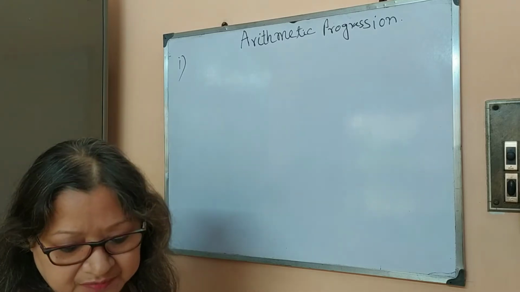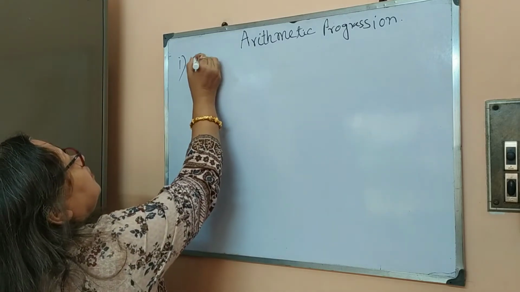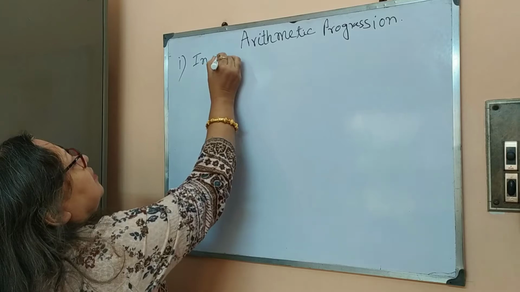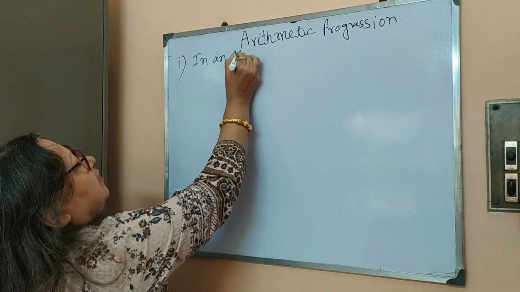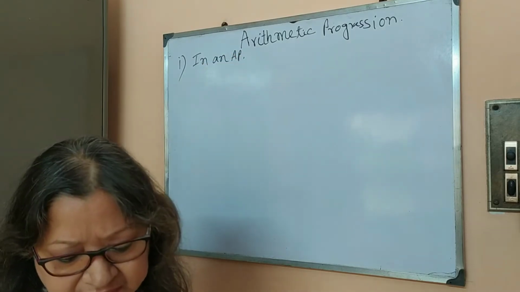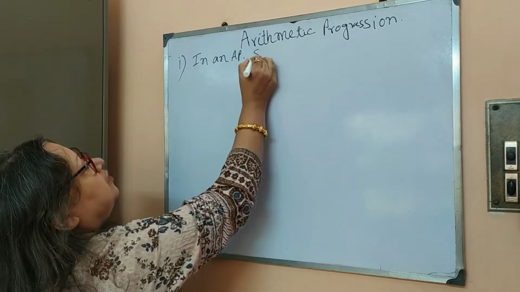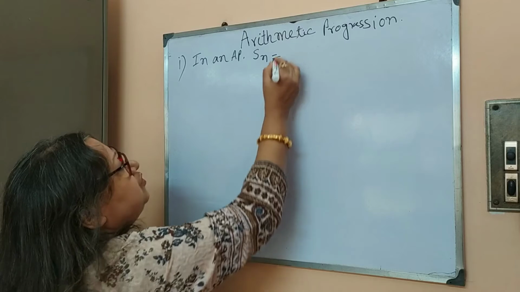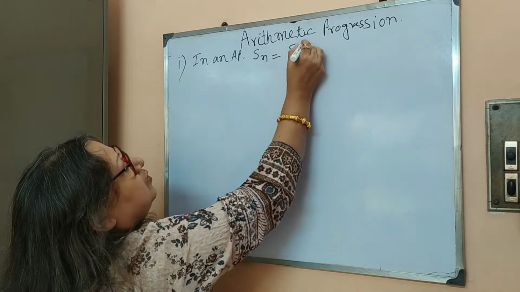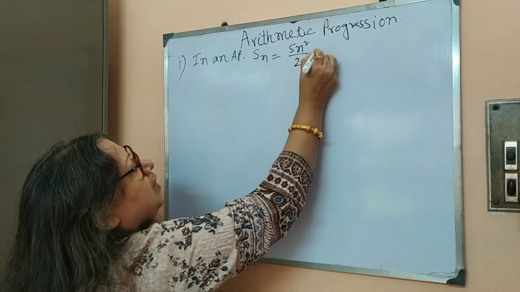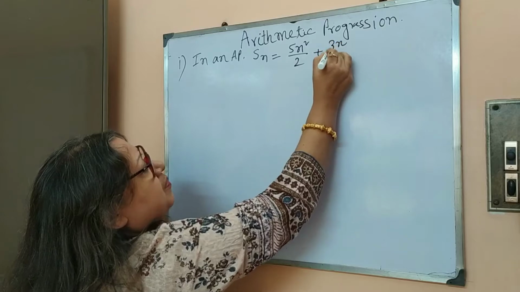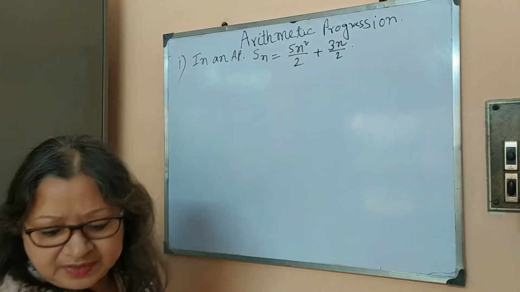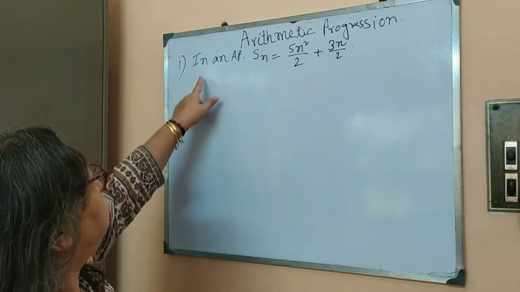In an AP, Sn is equal to 5n square by 2 plus 3n by 2.